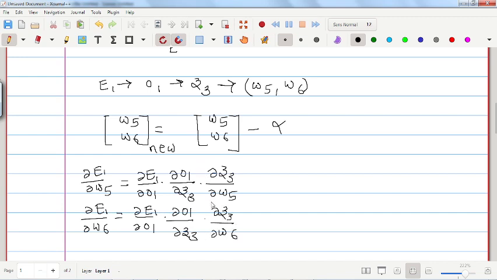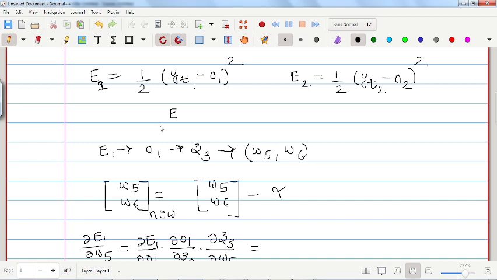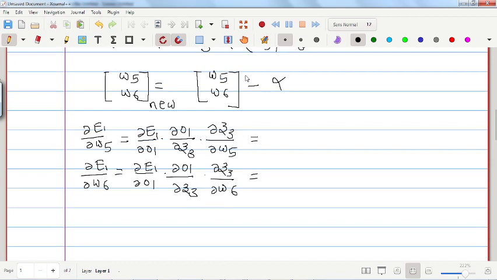From these derivatives we observe the first two derivatives are the same and the third is different. Let us write down del E by del O1. What is the value of E? This is the value of E. Finding its derivative with respect to O1 gives 2 into (YT minus O1) into minus 1, so this will be minus (YT minus O1).